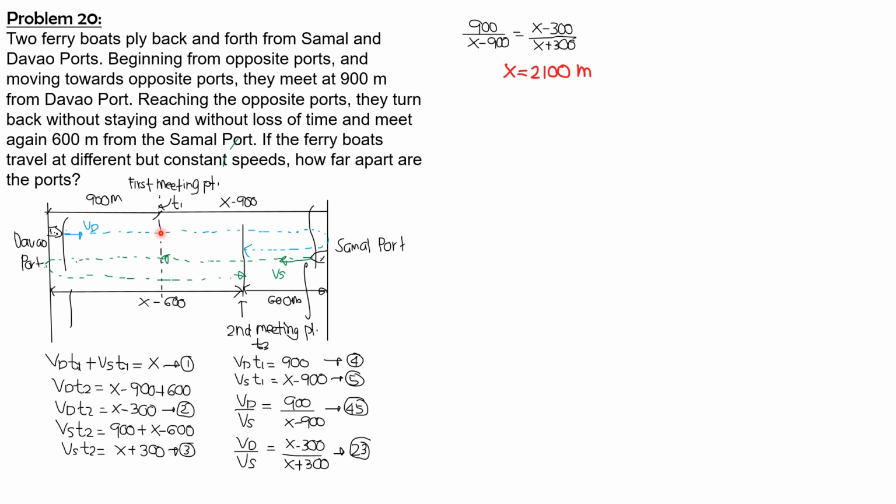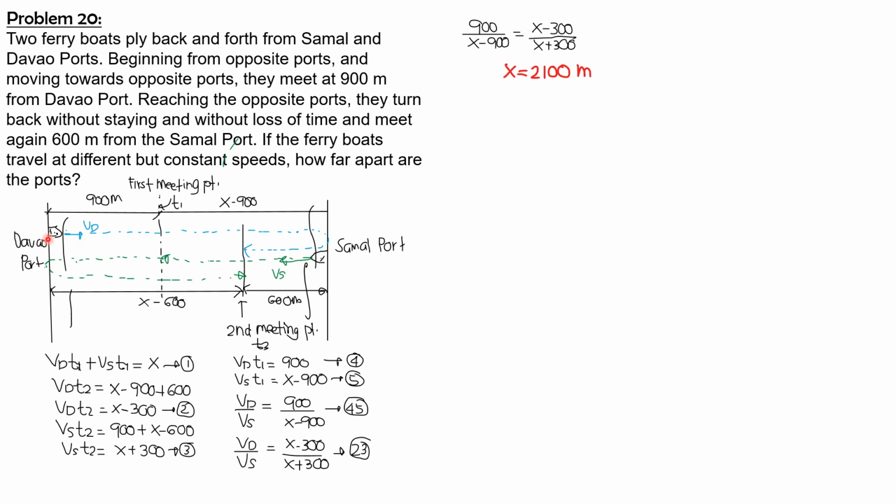For the second meeting, the time after this first meeting is t2. They have the same time, t2. And it is mentioned that the second meeting point is 600 meters from Samal port. So if this is 600 meters, then this is x minus 600.